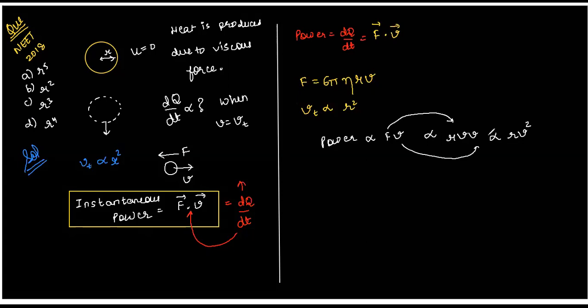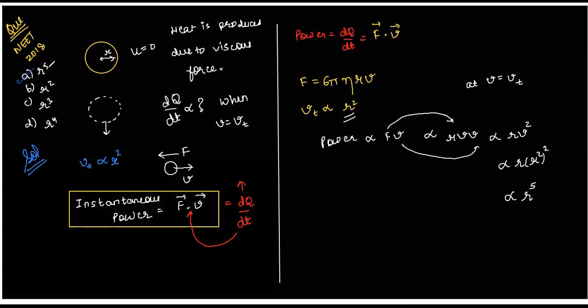Now, v is proportional to r square when it is equal to terminal velocity, because we are talking about the condition when velocity has become terminal velocity. So instead of v, we can write r square. What does the proportionality yield to? R power 5. That is option A.